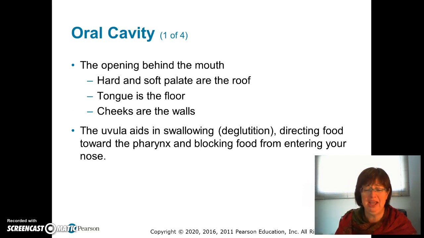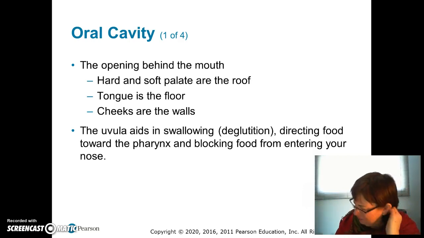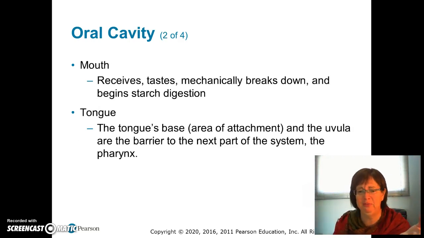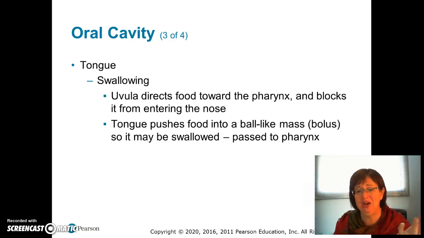We talked about the oral cavity. You have the soft palate, the tongue on the floor, and the cheeks. You have the uvula, which is the thing at the back. They think the uvula helps direct your food down and prevent it from going up your nose, but that's not really confirmed. In your mouth, you receive, you taste, and your tongue swishes things around and also helps in swallowing.